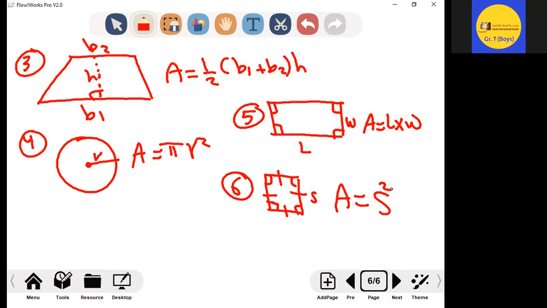Right? These figures, we will use them to find the area of composite figures, okay? Add 5 and 6. Beside, you have space beside.